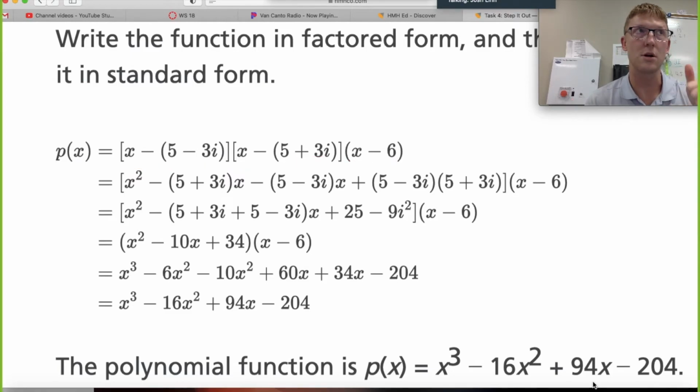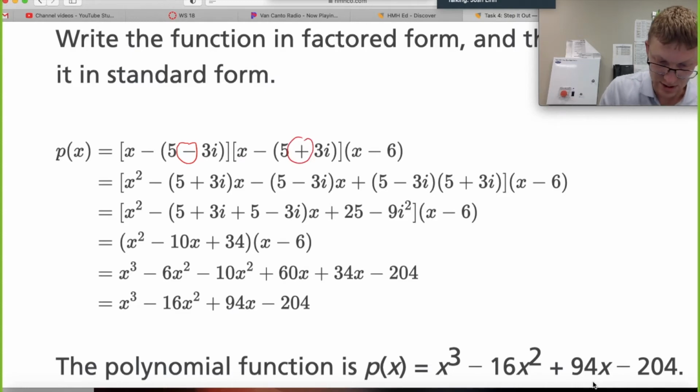With irrational numbers, the square roots, it's x minus your square root number, x plus your square root number. For i's, for complex numbers, it's the sign that changes. So it's a little bit different. Try not to get those two confused. I'm sure that I will, so catch me on it.